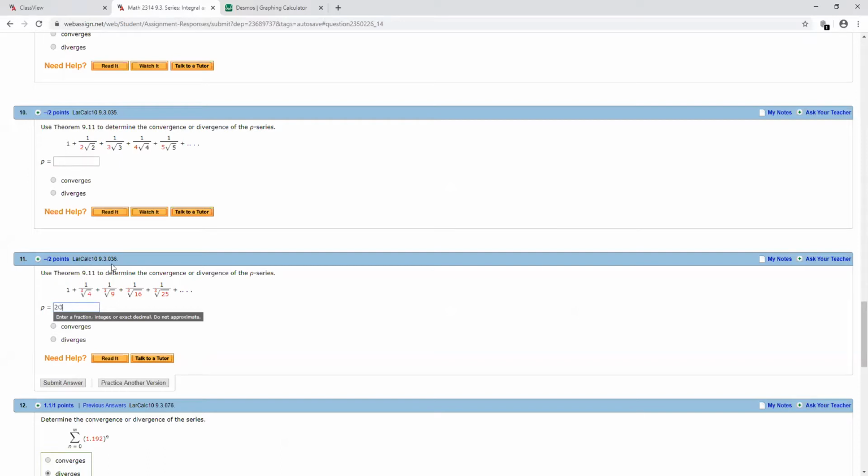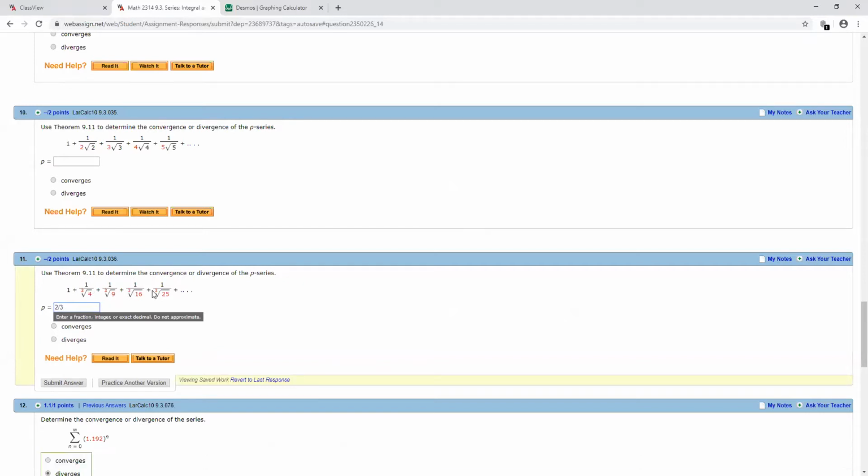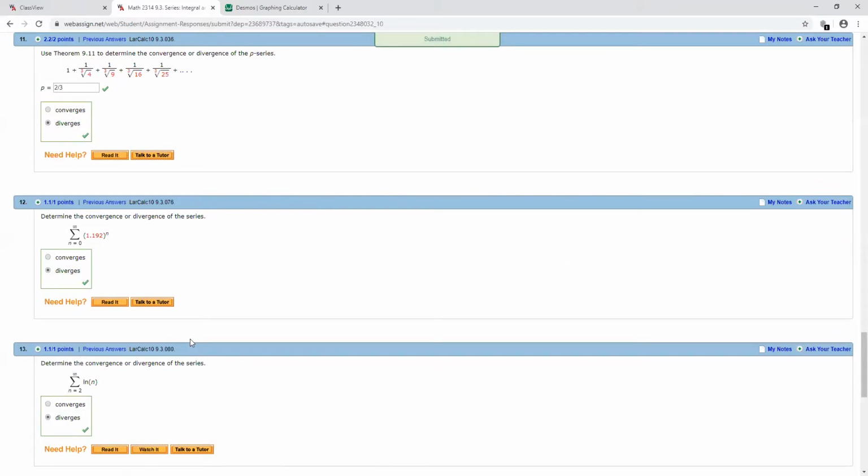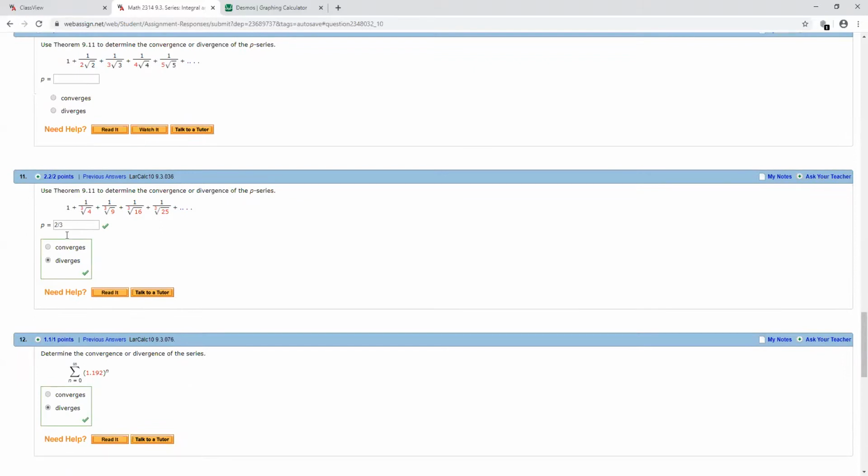So really, this is where the author made us think: figure out how to change this into precise p-series form so that we can figure out the p-value, because once you get the p-value, then it's incredibly simple to determine if it converges or diverges. And this one diverged. And hopefully we are correct. And number 11, we are correct.